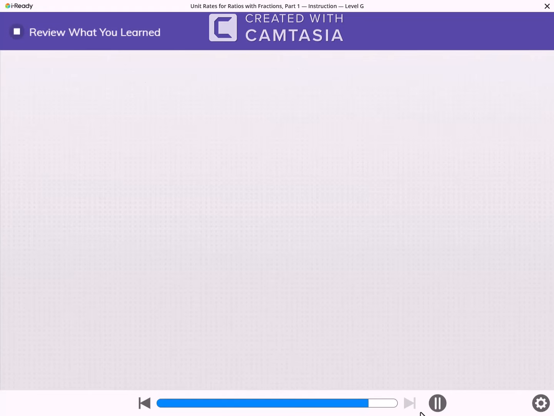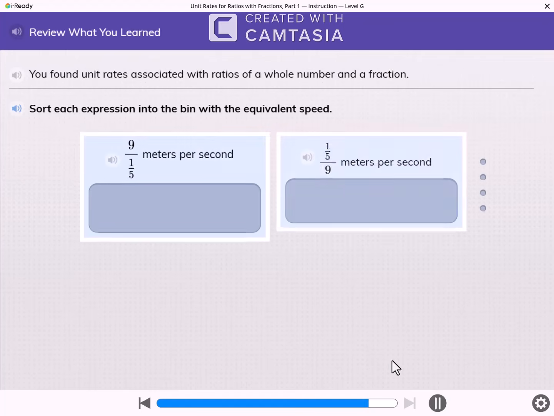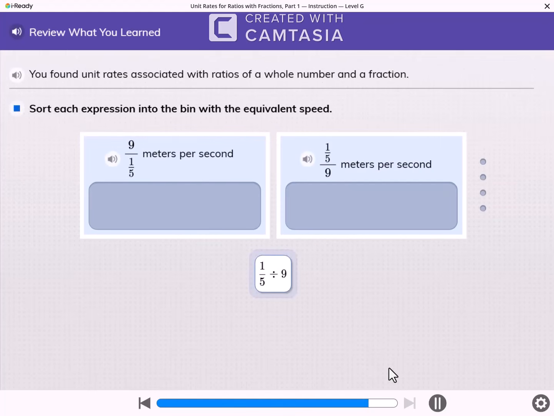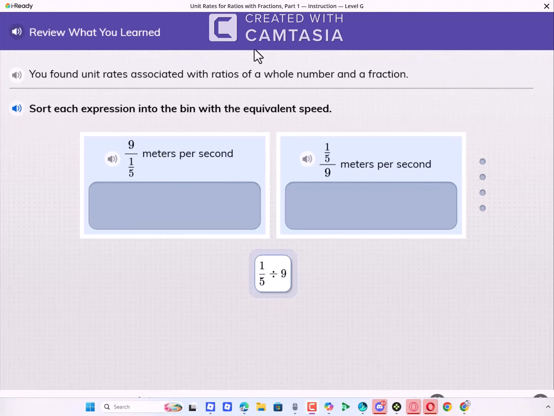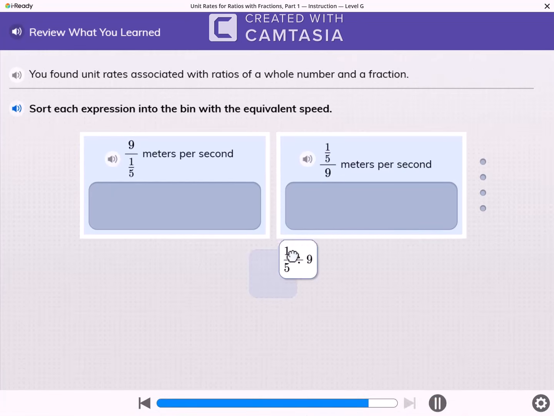Let's review what you learned today. You found unit rates associated with ratios of a whole number and a fraction. Sort each expression into the bin with the equivalent speed. You found unit rates associated with ratios and numbers. Okay, wait. So basically that's 9 divided by 1/5, which is different, so it's that one.